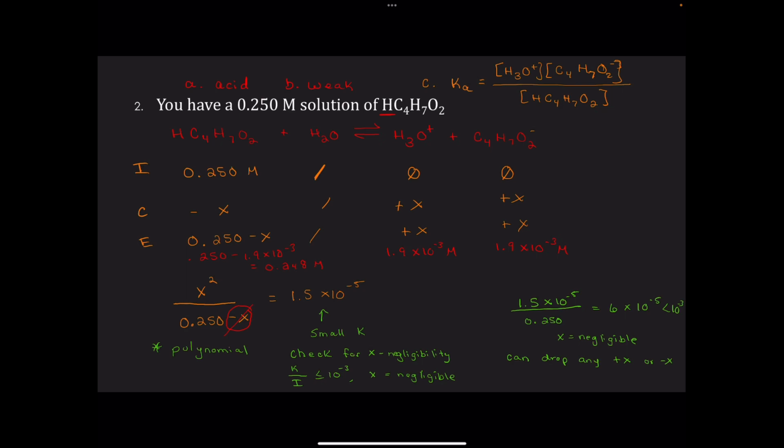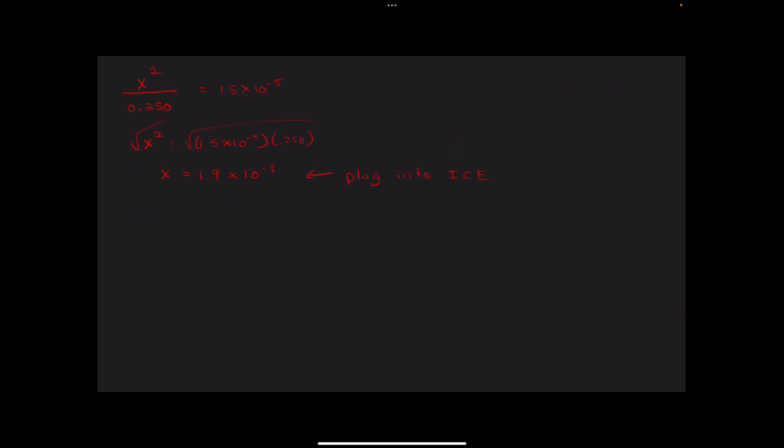These are the steps you have to take to get there. You've got to figure out, do you have an acid or a base? Is it strong or weak? You have to have your proton transfer equation, set up an ice table, and solve to find your equilibrium concentrations. Once we have our equilibrium concentrations, then we can calculate our pH.